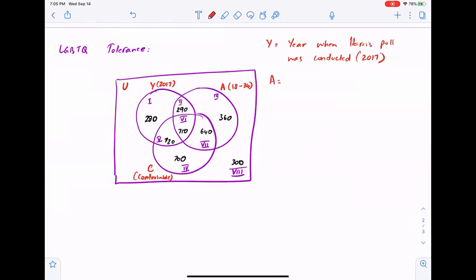A corresponds to age bracket 18 to 34, and C is that they are comfortable learning that a family member is LGBTQ.